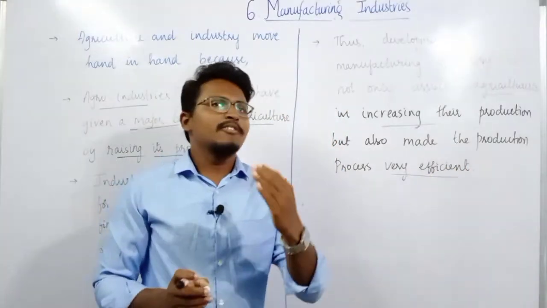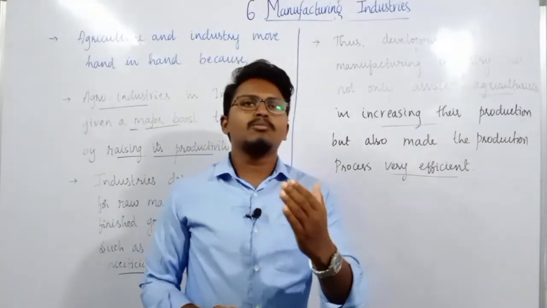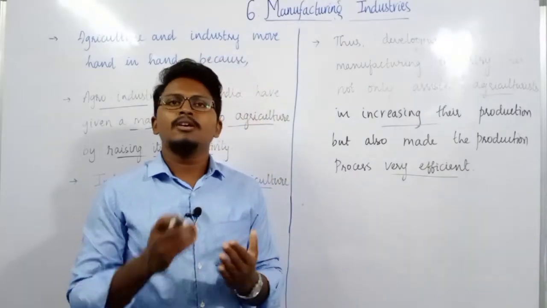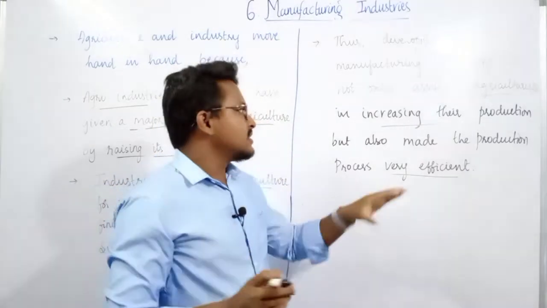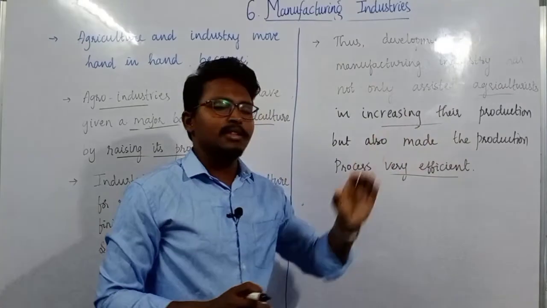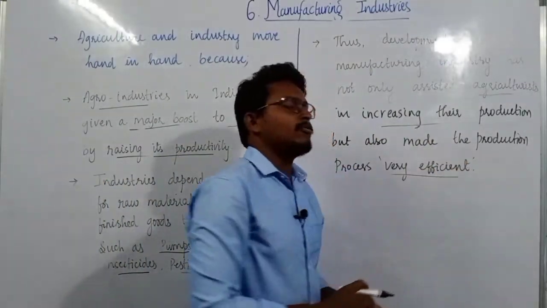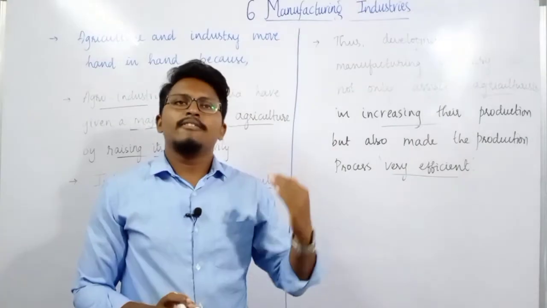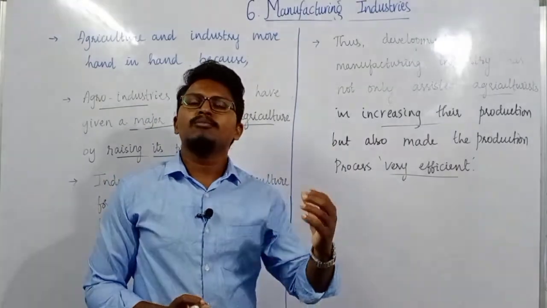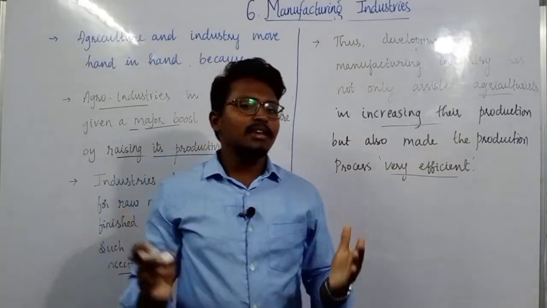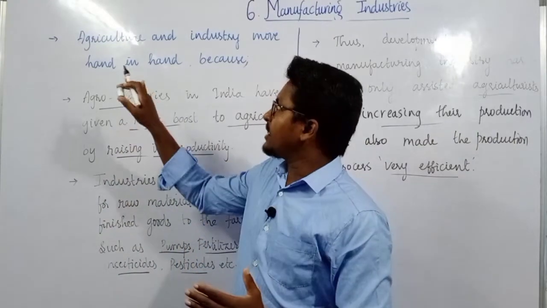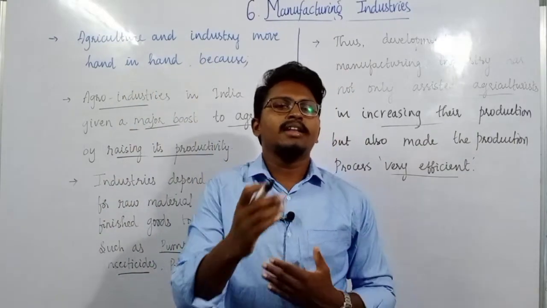Efficient means within a short period of time, due to more and more modernized tools available, there is more development in agriculture, and it has become a very efficient process. Efficiency means getting more returns within a short period of time. So basically we can conclude that agriculture and industry go hand in hand.